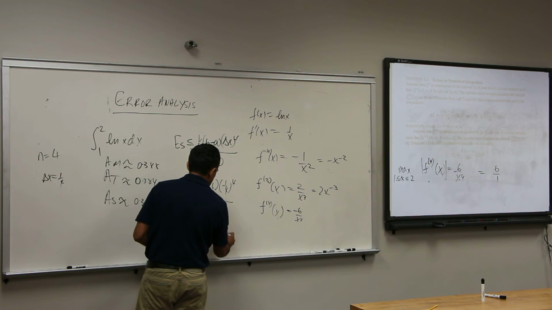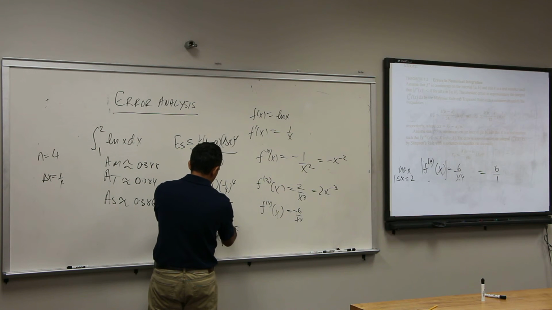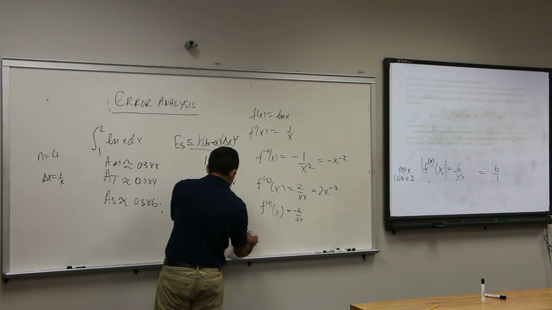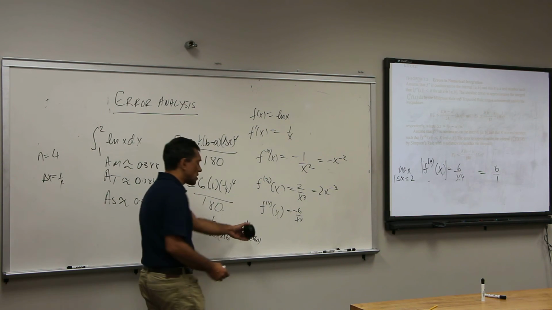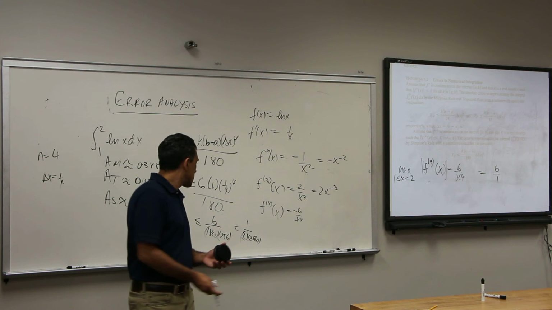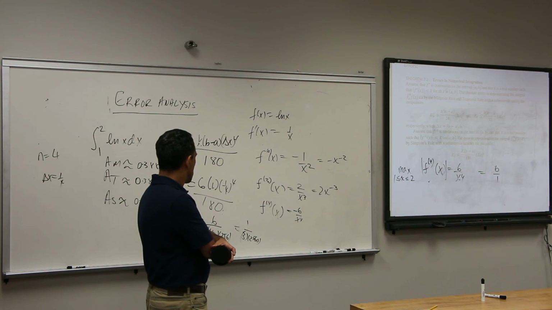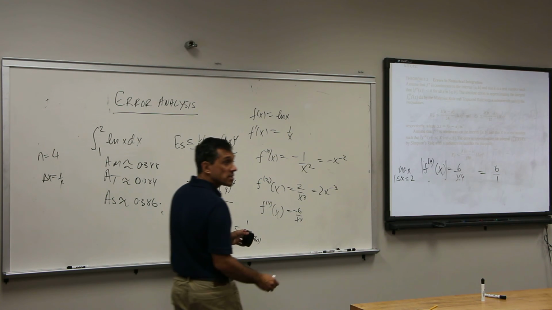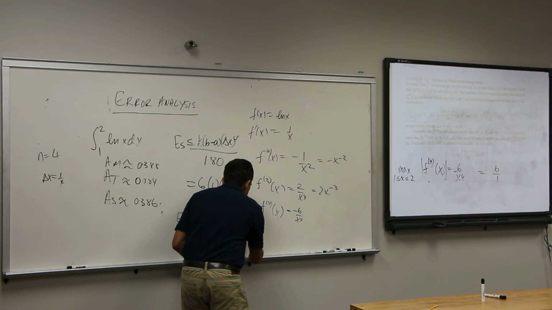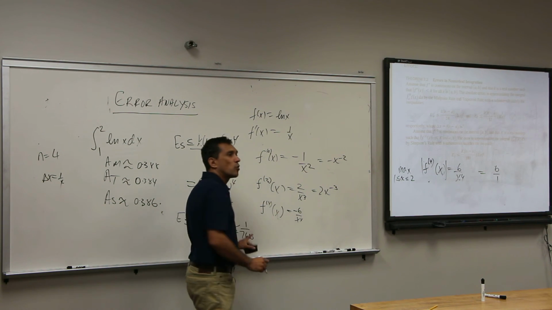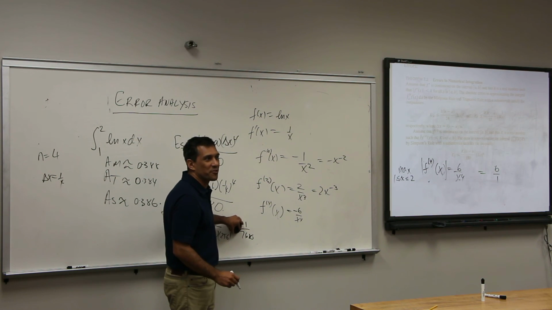What's 256 times 180? Dividing by 6, it's 1 over 30 times 256, which is 1 over 2,560 times 3, that's 7,680. So 1 over 7680. My error is no more than that, which is quite a small number.